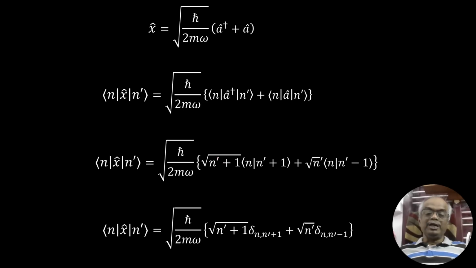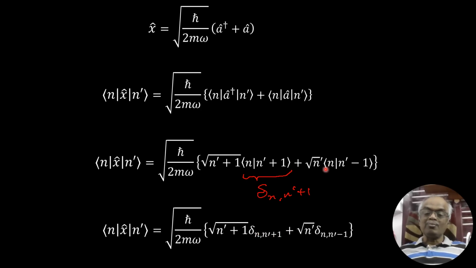We know this will be non-zero only when n and n prime plus 1 are equal, both must be equal. We can take this as square root of n prime plus 1 times the Kronecker delta, n, n prime plus 1.